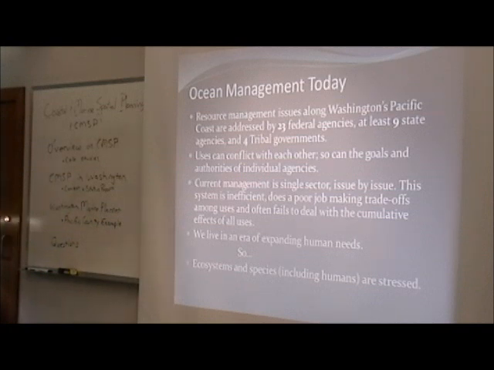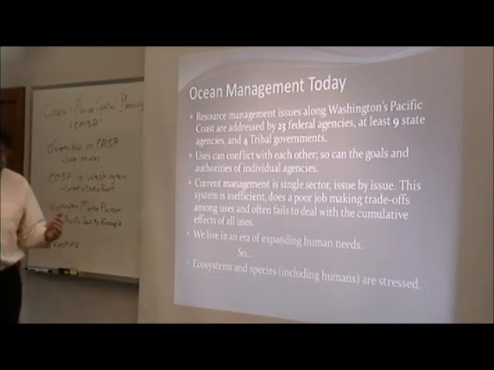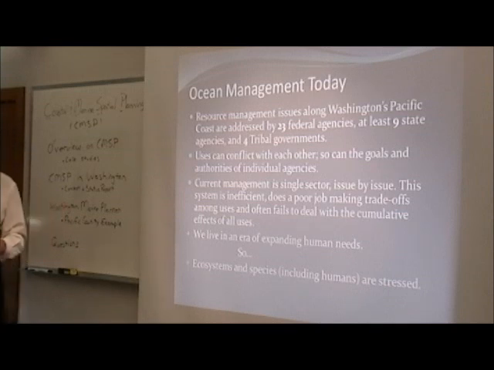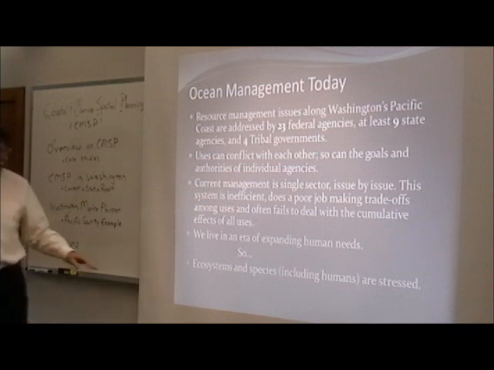We have US EPA and our own Department of Ecology that set things like water quality standards that affect the ocean. And it's kind of been stovepipes of authorities dealing with individual issues. But as we pile into the ocean with more issues, it becomes harder to sort that stuff out. And in places where the ocean has gotten very, very busy, much busier than off of our coast here, it's gotten to be a very stressful situation.